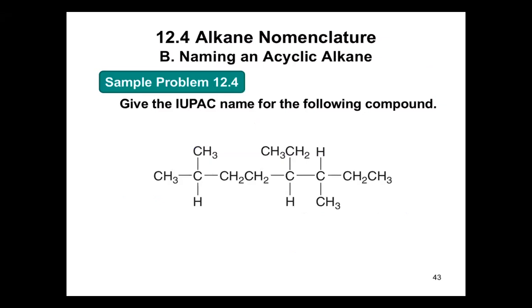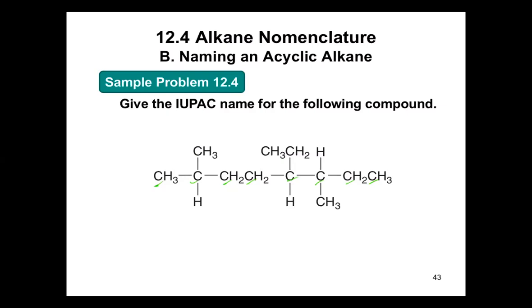Okay, so in this example, again, follow the steps. Ano ba yung una? Yun yung find the parent chain. So yung parent chain dito, pwede namang trial and error pagka hindi pa kayo sanay. So this one is 1, 2, 3, 4, 5, 6, 7, 8. So pwede nga yung chain, 8 carbon compound. But you check for other ways. Okay?